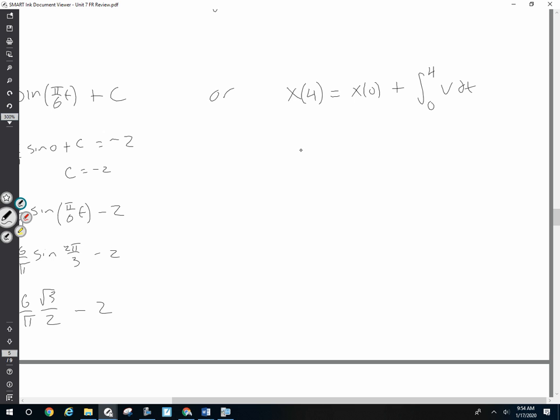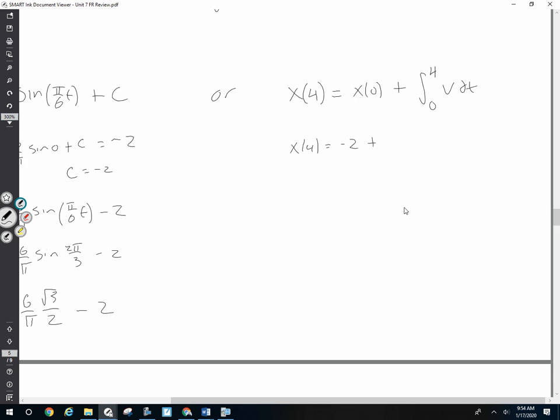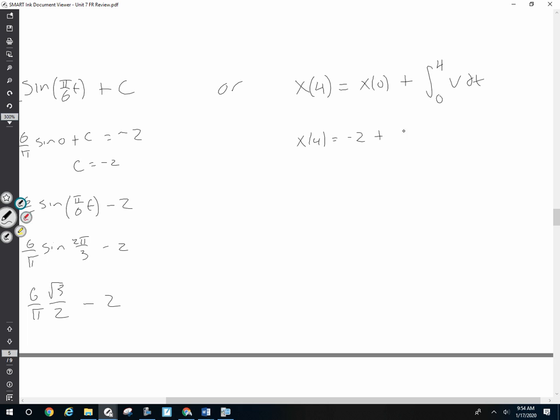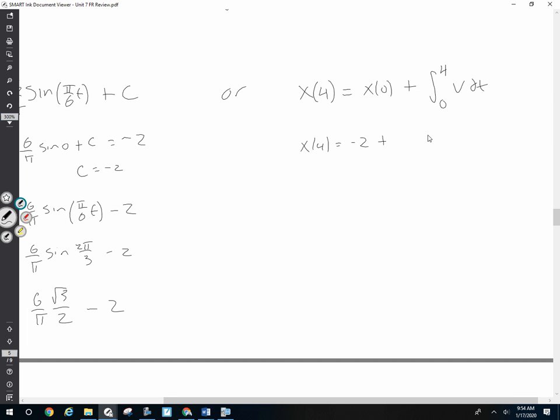X of 0 is -2. That's my starting position. And then plus, you'd end up doing the same calculations, but just know that there's 2 ways to do it. 6 over pi sine pi over 6t plus c. I don't need it because it's right there. From 0 to 4 to find the change is the same thing.